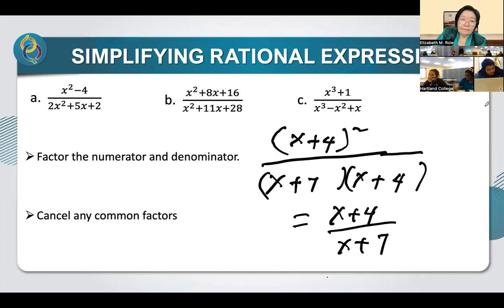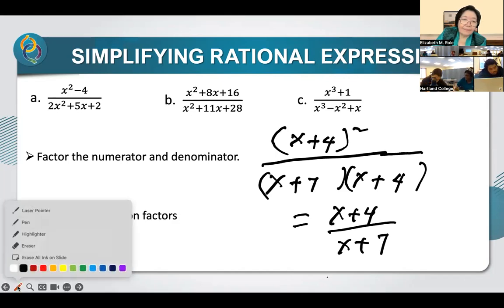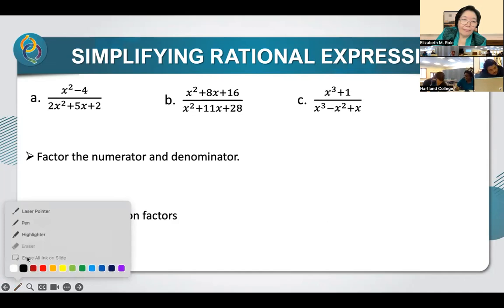Number C, I got it. Yes, what's your answer? x plus 1 over x. Very good.